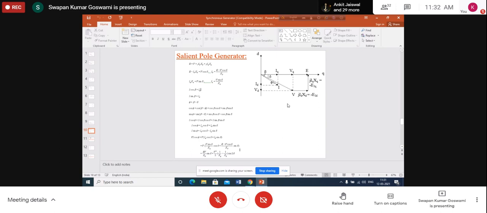This means these types of machines have non-uniform reluctance. If we talk in terms of the magnetic circuit, we shall be discussing reluctance. What is reluctance? It depends upon the air gap.